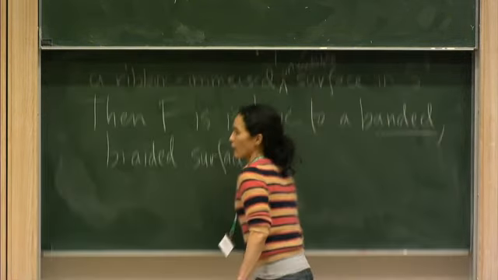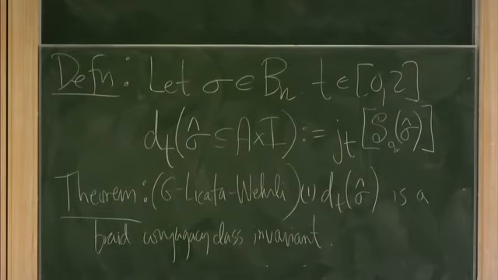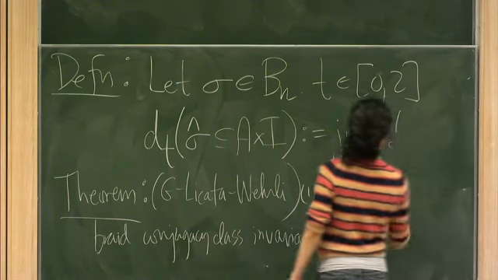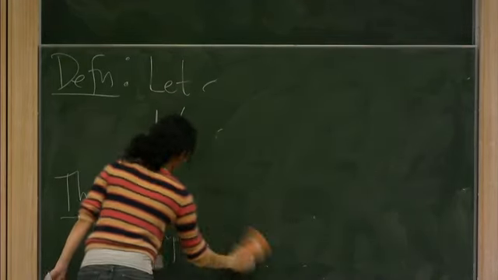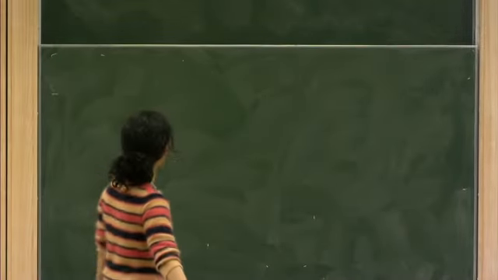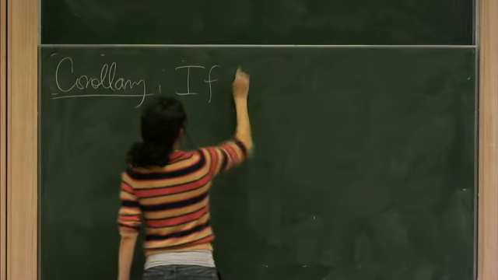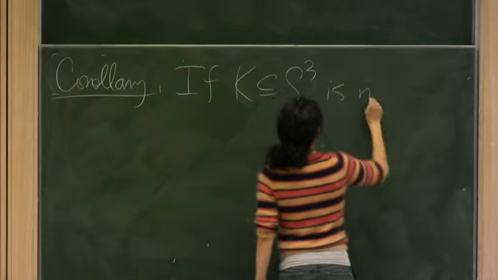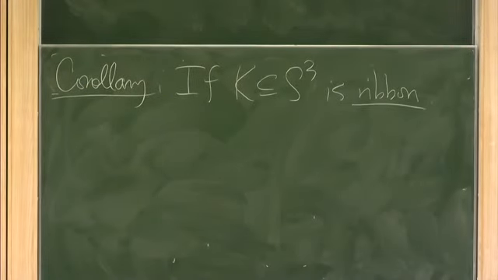So what I want to point out is a corollary of this theorem: if you have a knot in S3 which is ribbon, in the standard sense of ribbon, that it bounds a smoothly embedded disk in the 4-ball for which the radial function has no critical points of index 2, so no maxima.